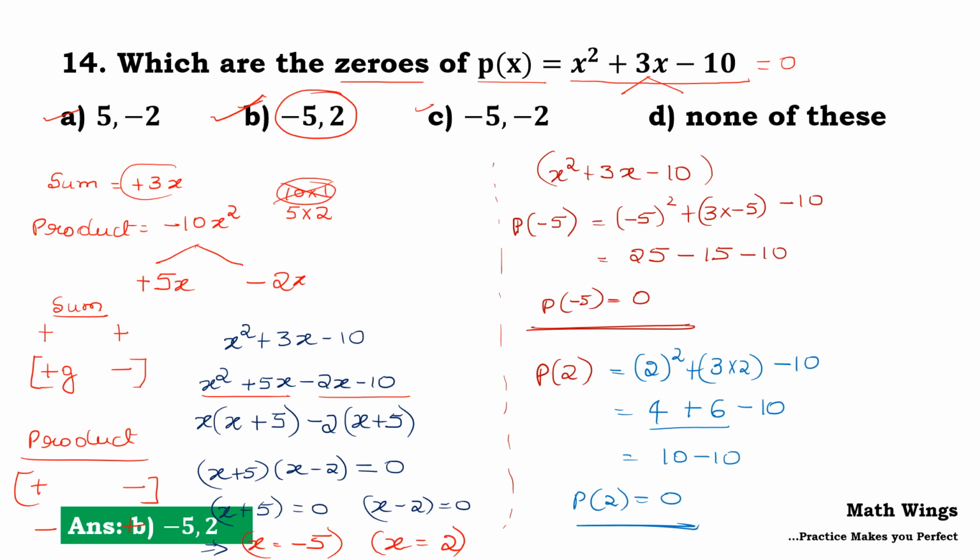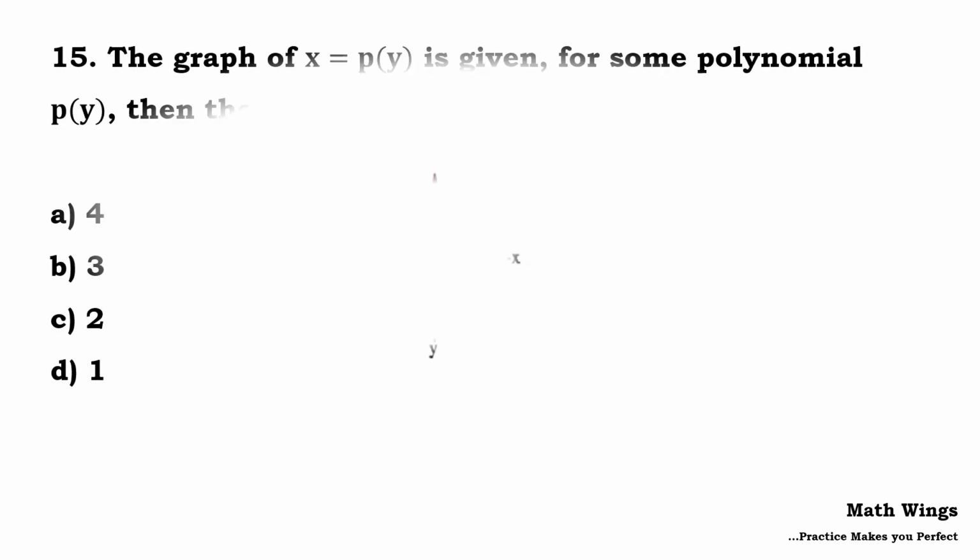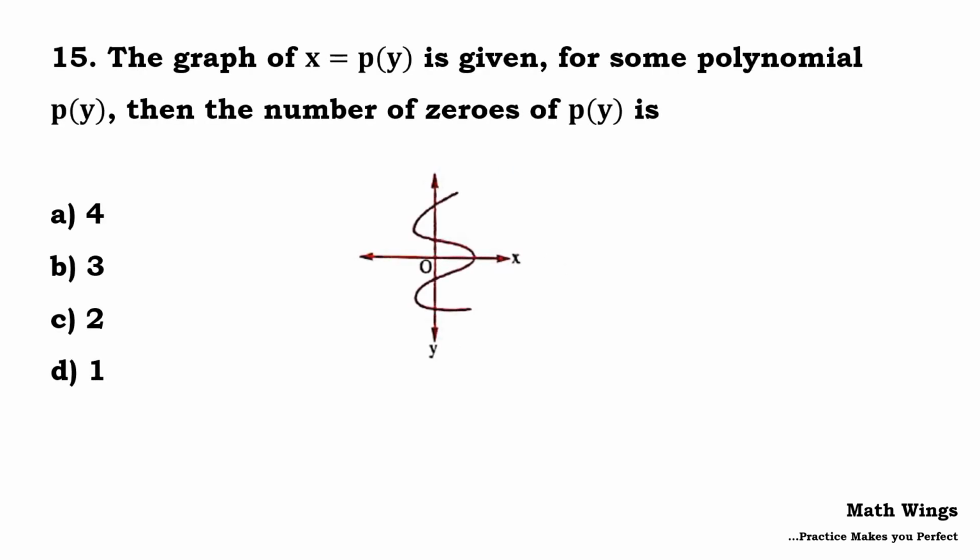Let us move on to the next question. Here is the question. The graph of x is equal to p of y is given for some polynomial p of y, then the number of zeros of p of y is.